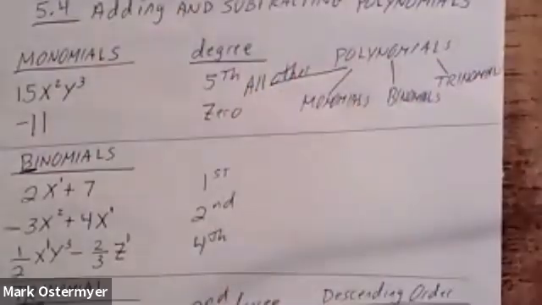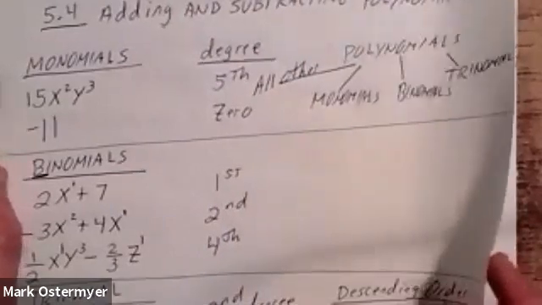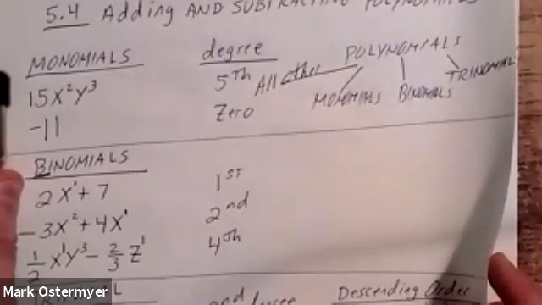In other words, there's really no limit to how many terms you can have in a polynomial. Some polynomials have an infinite number of terms. We don't really work with infinite termed polynomials in here, but they do exist.